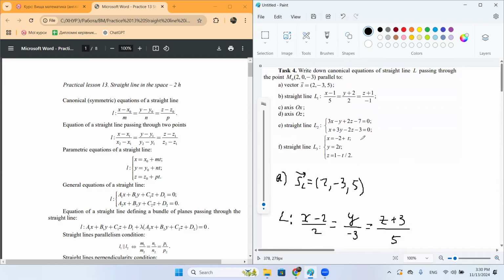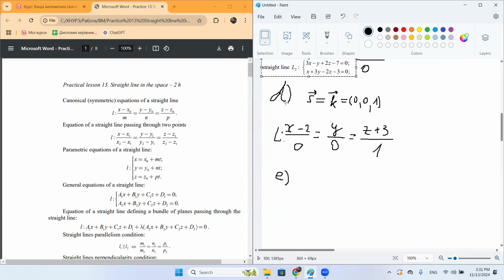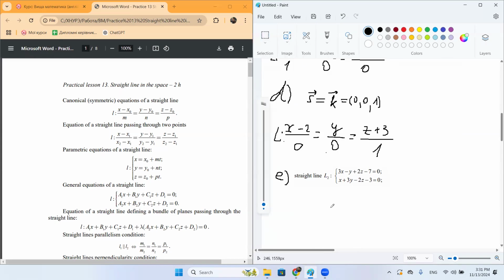Okay, so the next, E. So we need to write down the equation of the straight line that is parallel to straight line L2 given with 2 planes, the intersection of 2 planes. So what do we need? How to solve? Who can remind me?